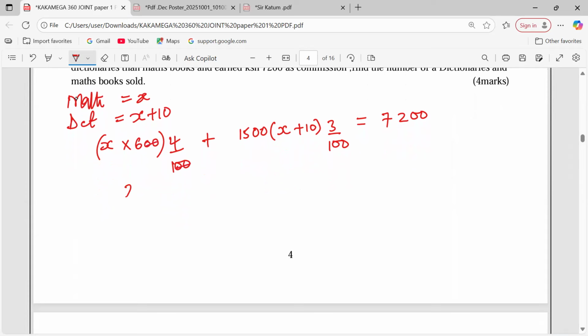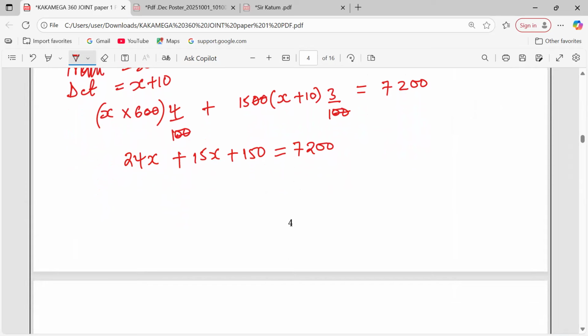This cancels to give us 24x plus this cancels to give us 15x plus 150 equals to 7,200. So now we'll be having 39x equals to, is that 39? 24 and 15? Yeah, 39.